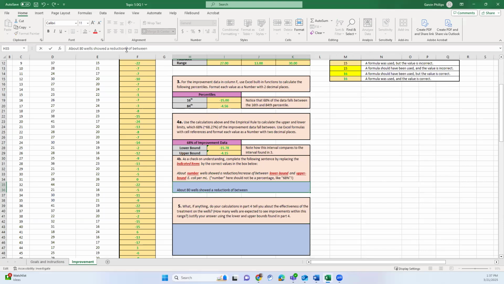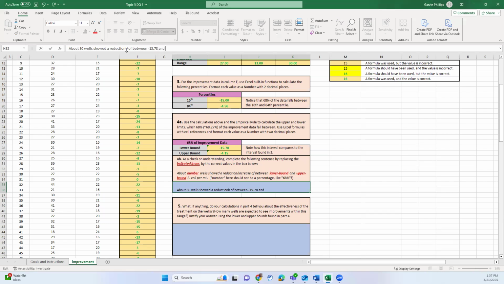Between, and again, I'm just filling it in word for word what it says, the lower bound, which in my case was 15.78. And you could put the negative if you want. I'm not too picky about that.